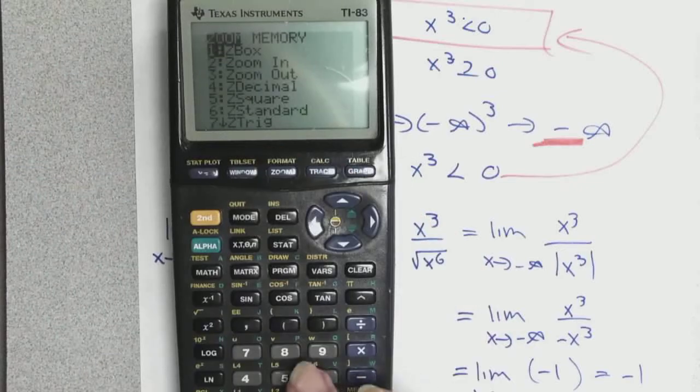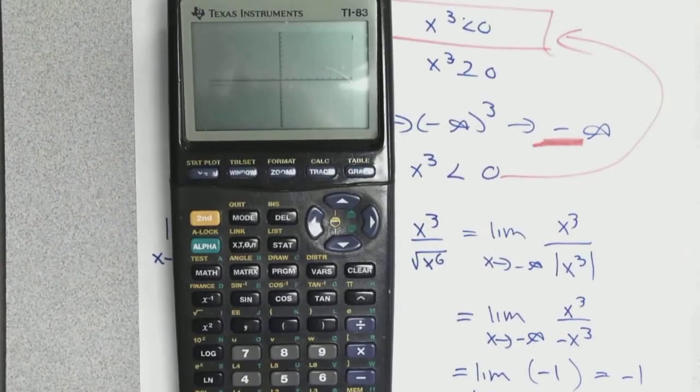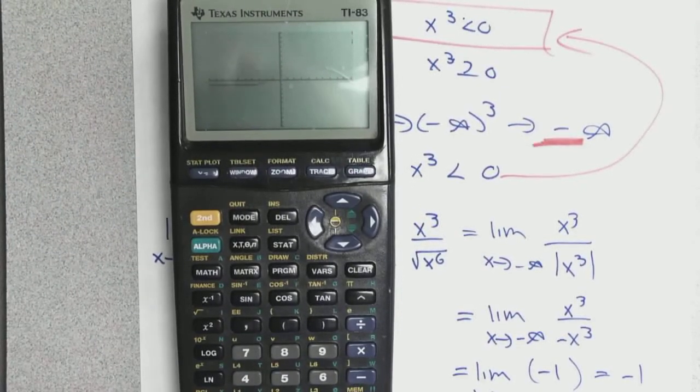I'm just going to hit zoom 6 and see what we get. Now, disclaimer here, zoom 6 hardly is going to show me negative infinity or infinity. Zoom 6 only goes from -10 to 10. But in our nice textbook world where textbooks are written with nice values, zoom 6, the standard window from -10 to 10, is usually going to show you what you want to see.